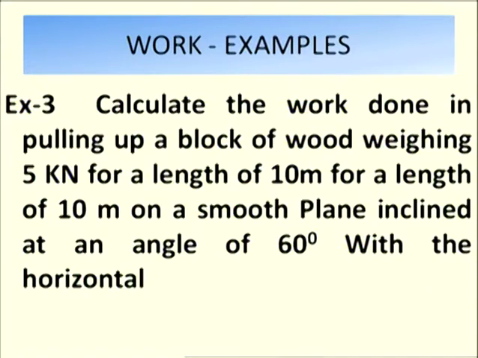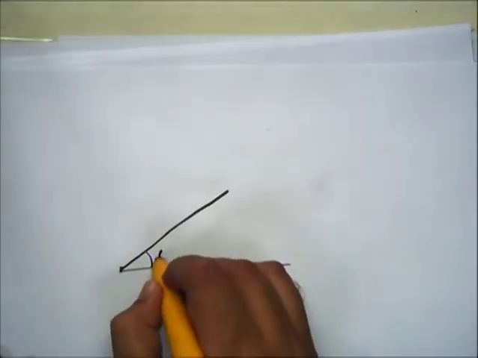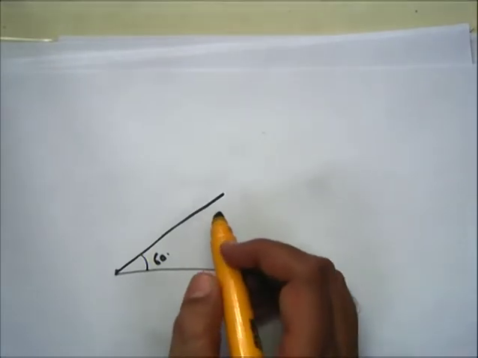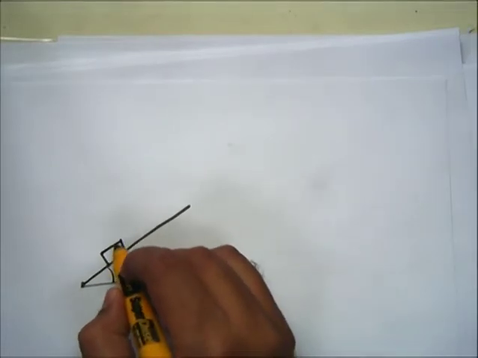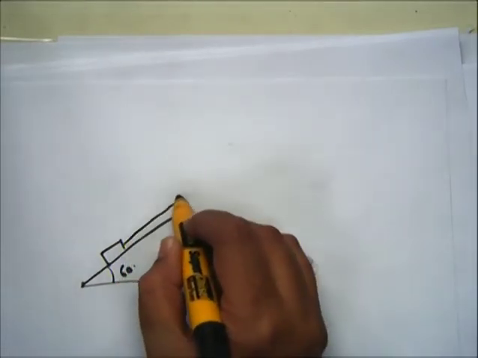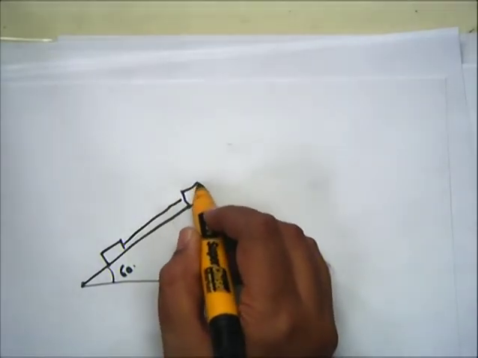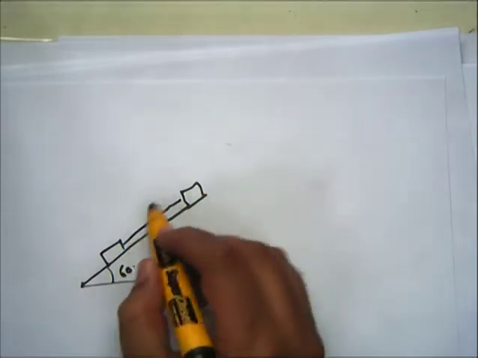Let us take a similar example. Calculate the work done in pulling a block of wood weighing 5 kilonewton for a length of 10 meter on a smooth plane inclined at an angle of 60 degrees with the horizontal. Here the angle is 60 degrees. In the previous case it was 45 degrees. So let us see what happens. We are pulling the 5 kilonewton block up to 10 meter here.